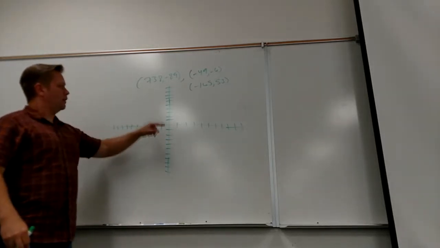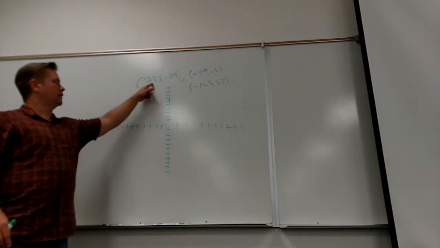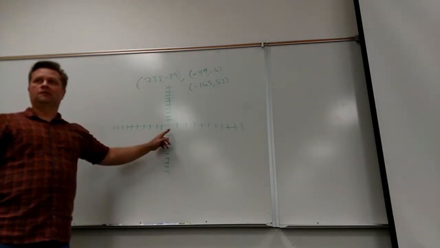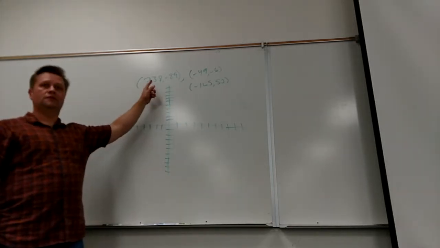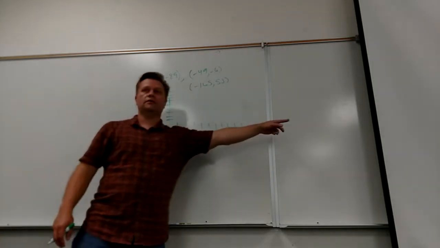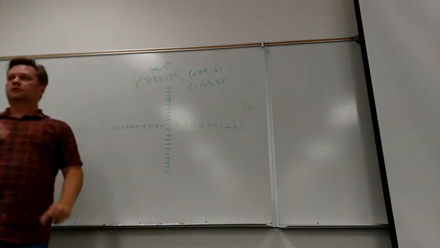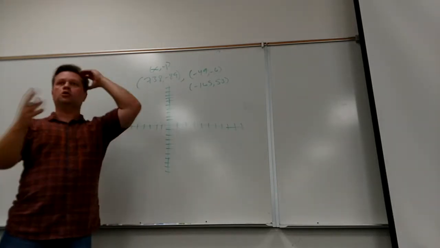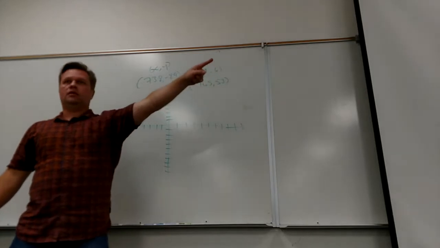No, I can't possibly have this be 1, 2, 3. Because how far do I have to get over for this point? 738. This is x, y, just like plotting the point 1, 3. But I can't use that scale. You can if you want to make a thing that huge.